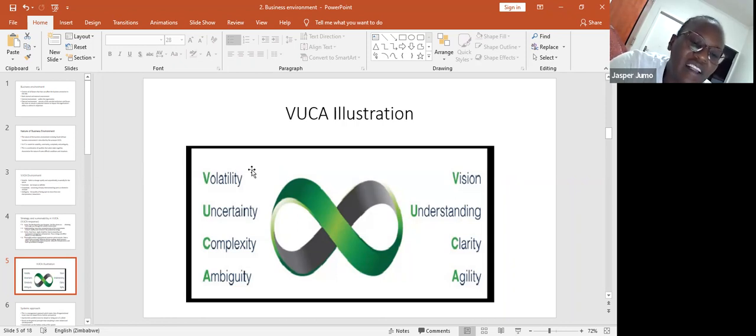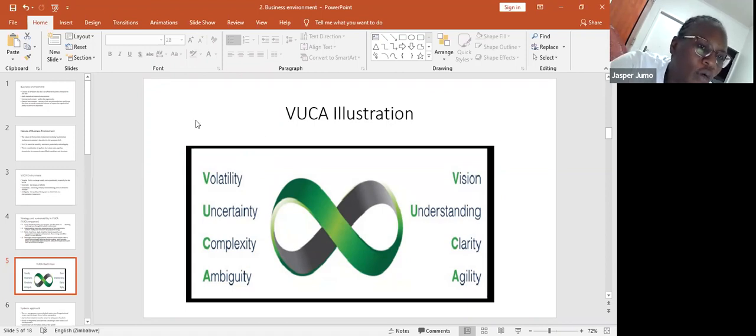And then on the right-hand side, it's now solutions to the challenges. You have vision, you have understanding, you have clarity, you have agility. Agility is the same as the analysis, where you are able as an organization to be flexible. You are able as an organization to move in such a way that you can conquer all these challenges.